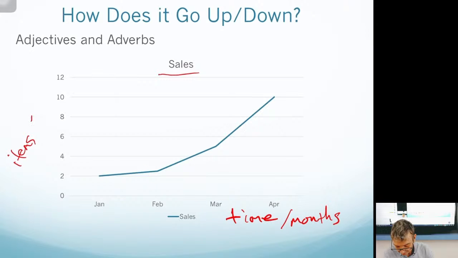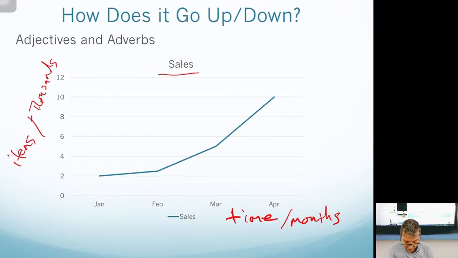This could be items, or this could be actual money. It could be, for example, thousands. Sorry, my handwriting. It could be thousands, right? Thousands. And the units are going up 2 by 2 by 2.